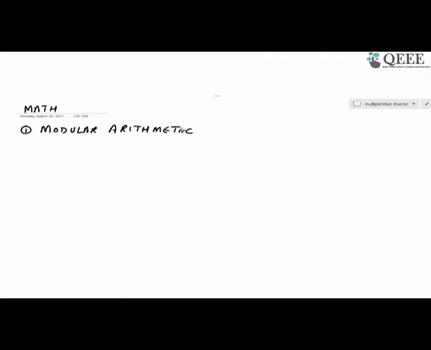We had defined A congruent to B mod M to mean that when A is divided by M and B is divided by M, they leave the same remainder.